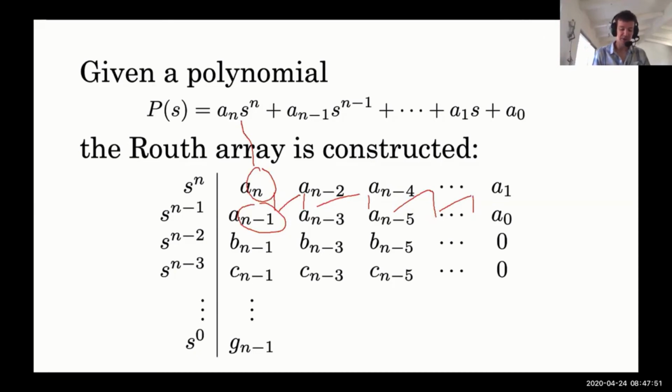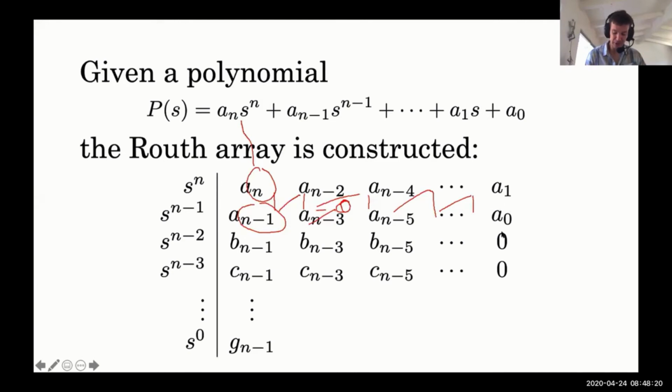If your coefficient is 0, it still gets entered as a 0 here. Is that clear? Yes, thank you. Sure. So if a sub n minus 3 were 0, as you suppose, then you wouldn't just skip this. You would write this as a 0, and then you would continue on.